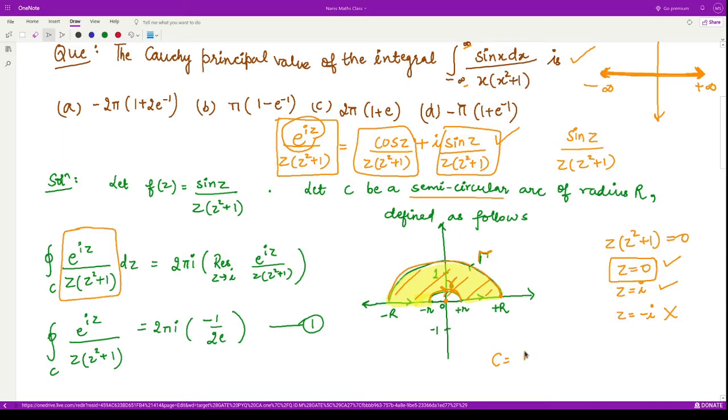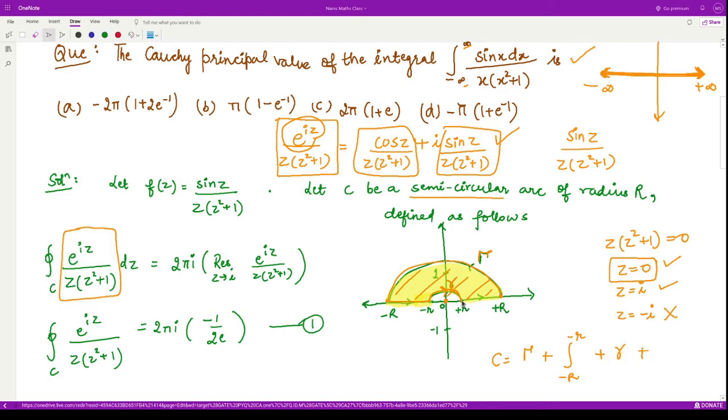That means you are covering capital gamma in the anti-clockwise direction, then you will cover the real axis from minus R to minus small r, and then you will cover small gamma.